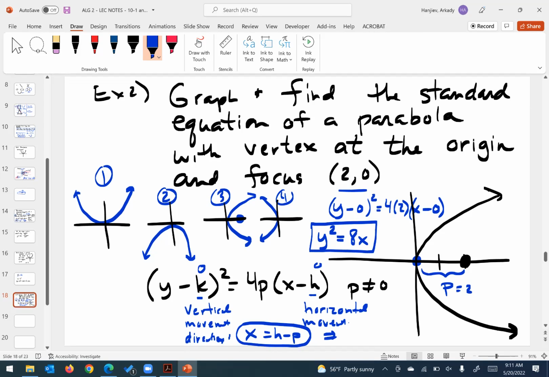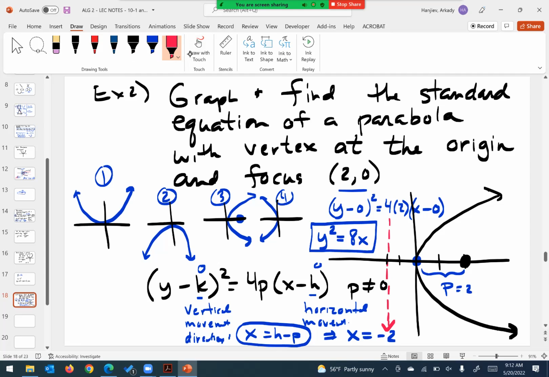So x is equal to -2. Can you graph a line x equals -2? That's a vertical line, isn't it? Yeah, that's a vertical line. So we go 1, 2 back. It's a little busy on the slide here, but let me do this in red. So here's our directrix line right here.